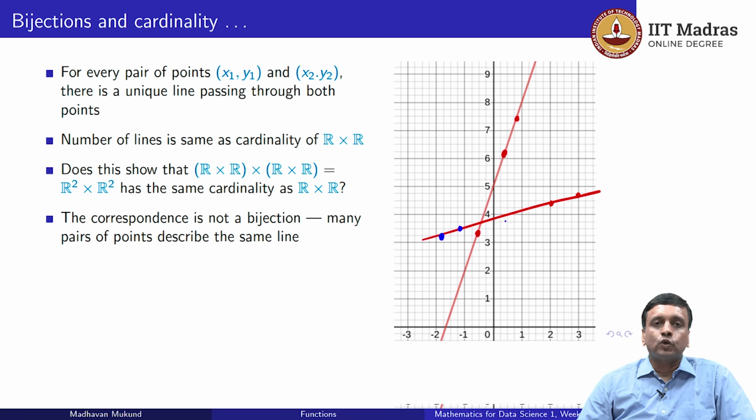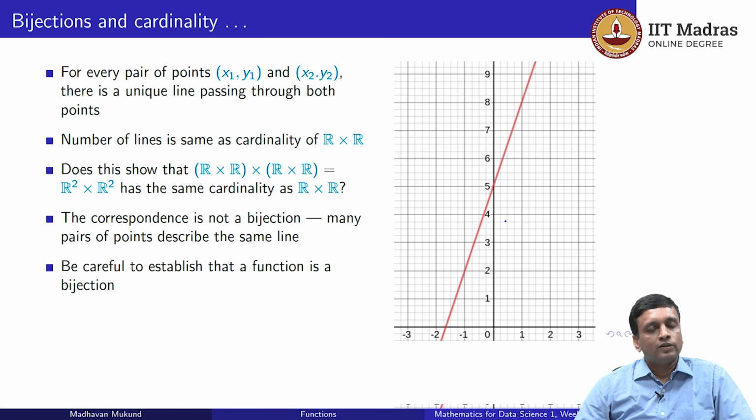Unless I can show you that different pairs of points generate different lines, I don't get a 1:1 correspondence between pairs of points and lines, and therefore this bijection breaks down. So whenever we are trying to use a bijection to describe a correspondence and count elements of an infinite set, or compare infinite sets against each other, you must make sure that the function you are defining is really a bijection.